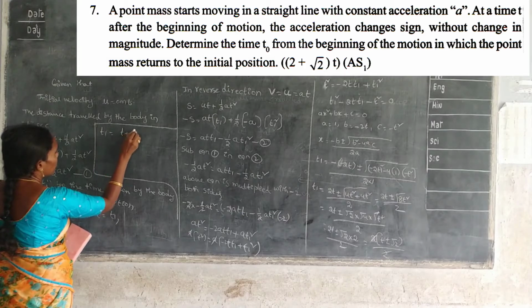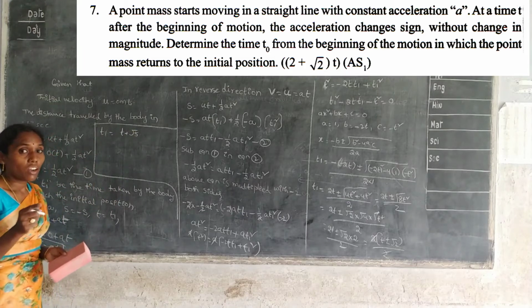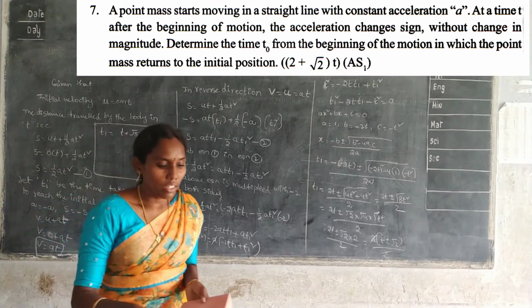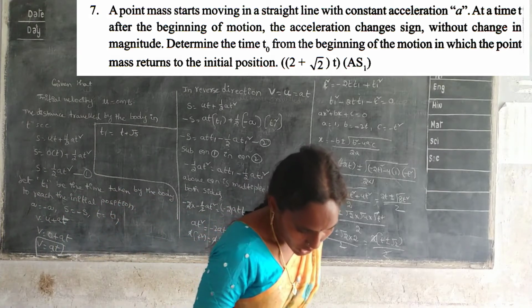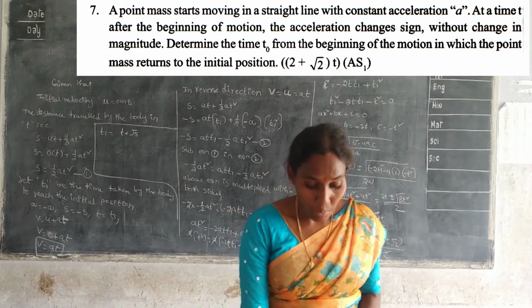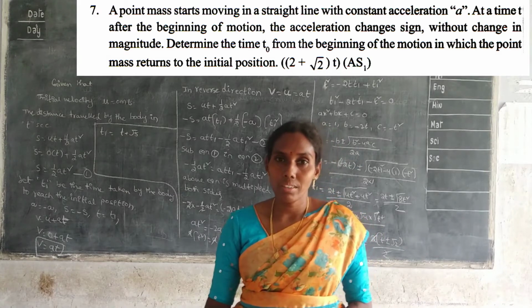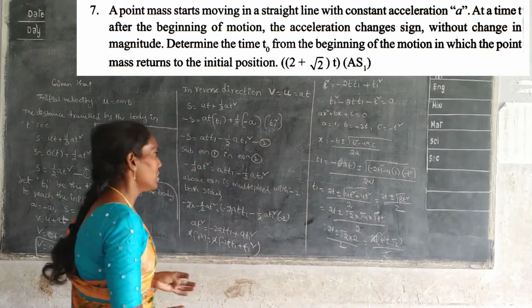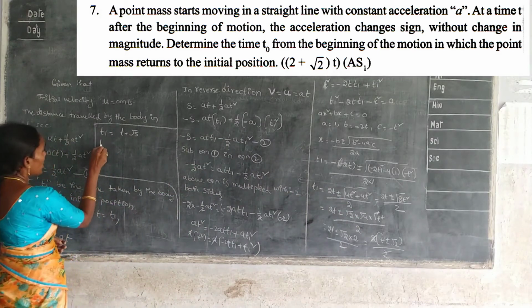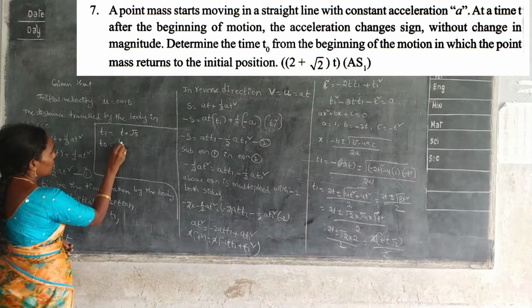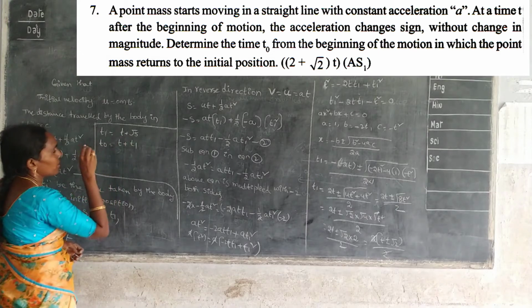t plus root 2. Here they are asking for the total time: determine the time t naught from the beginning of the motion in which the point mass returns to the same point. That means total time t naught is equal to t plus t1.